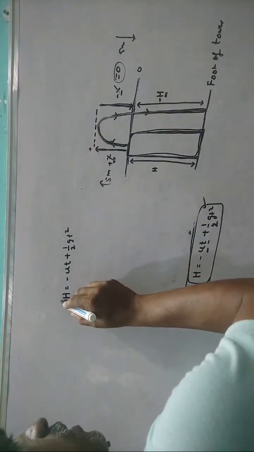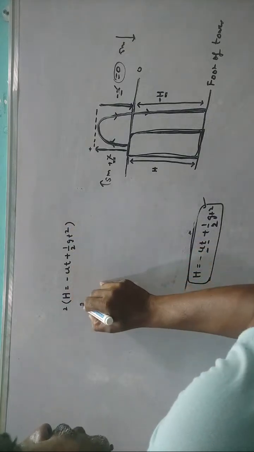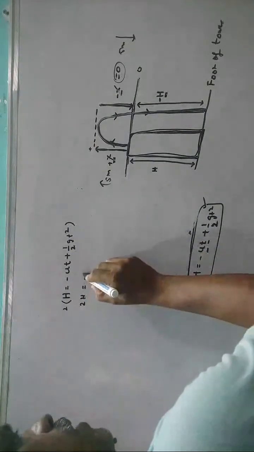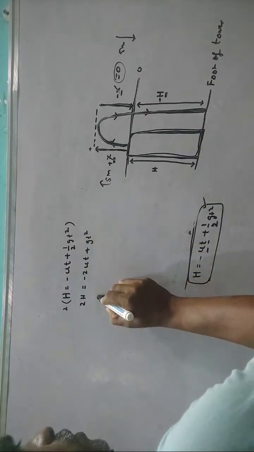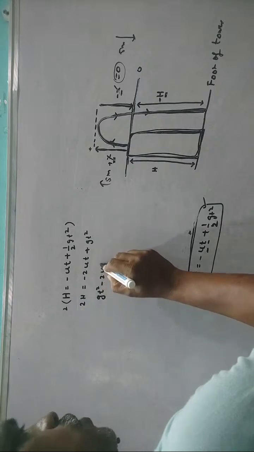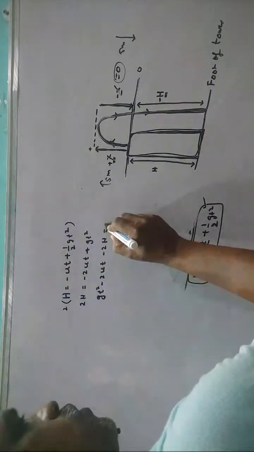Just multiply this equation by 2: 2h equals minus 2ut plus gt square. So gt square minus 2ut minus 2h equal to 0.